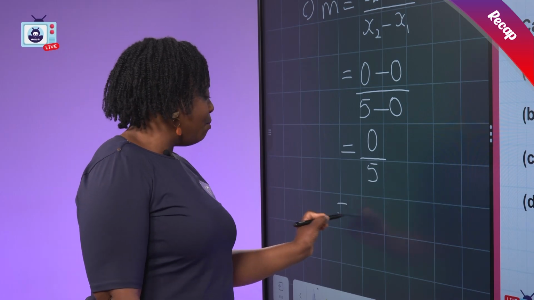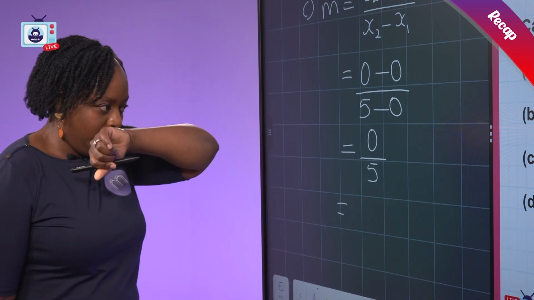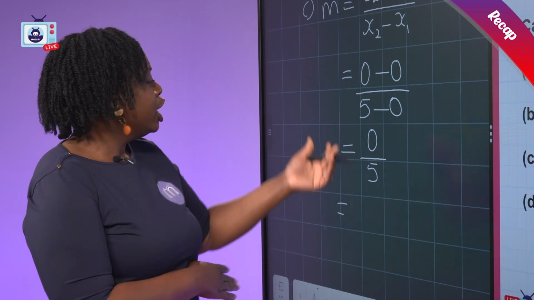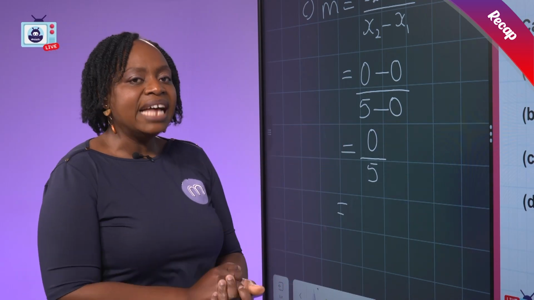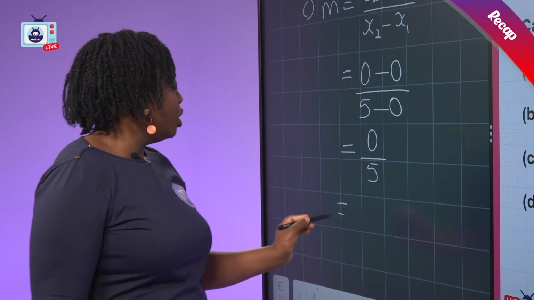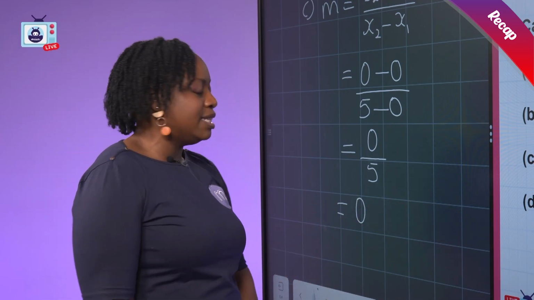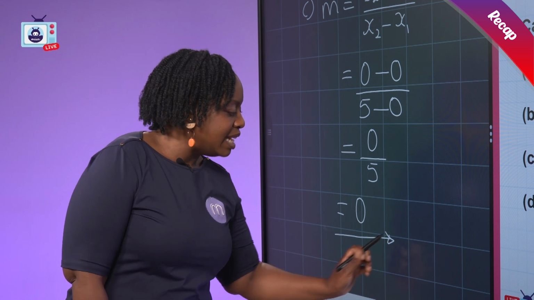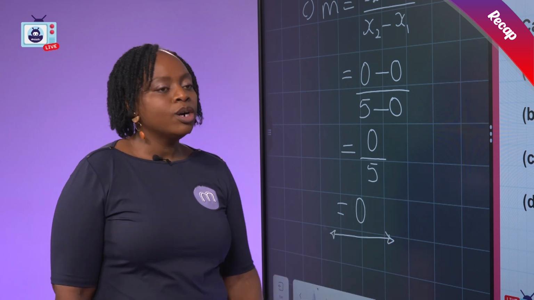Even if you take your calculator and say 0 divided by 5, the answer will still be 0, because anything that you divide into 0, you'll always have the answer as 0. So that means that your gradient is therefore 0.